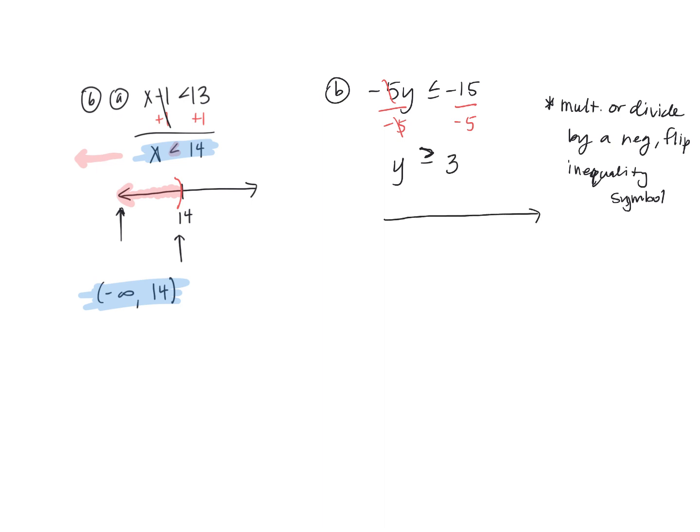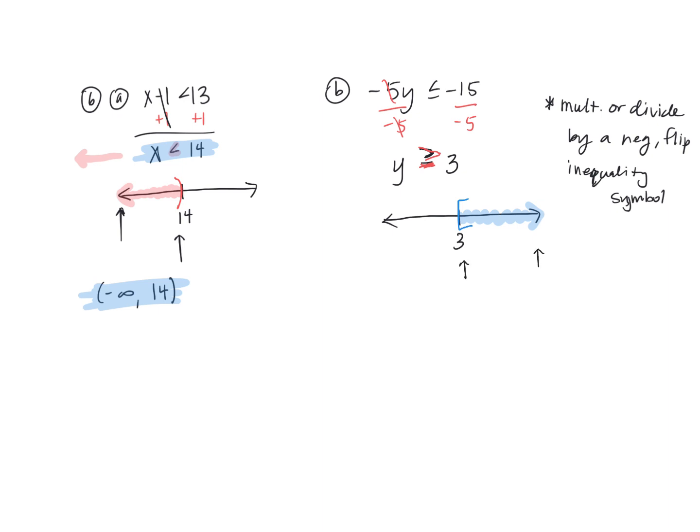So I'm going to draw my number line, put my boundary point on it, which is 3. Since it's a greater than, it's pointing to the right. So I'm going to shade to the right. Since it has the or equal to sign under it, I'm going to have a bracket. So my interval notation is left to right.